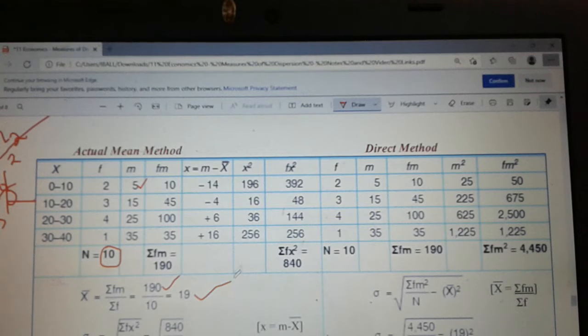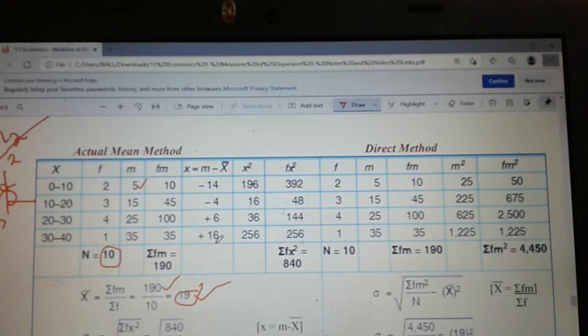Next, x equals m minus the arithmetic mean. m here is 5 and you have to subtract the arithmetic mean, that is 19. 5 minus 19 you will get minus 14, 15 minus 19 you will get minus 4, 25 minus 19 you will get 6, and 35 minus 19 you will get 16.